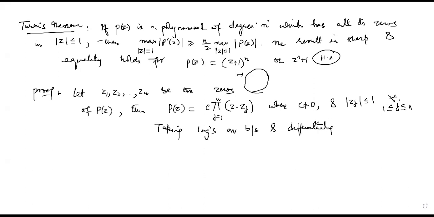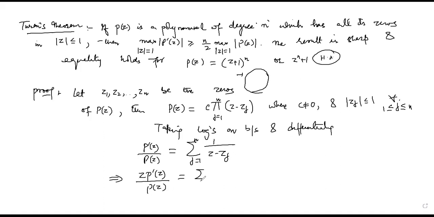We've done this before. We will get p'(z)/p(z) equal to the summation for j from 1 to n of 1/(z - zj), which implies that z p'(z)/p(z) is equal to the summation for j from 1 to n of z/(z - zj).